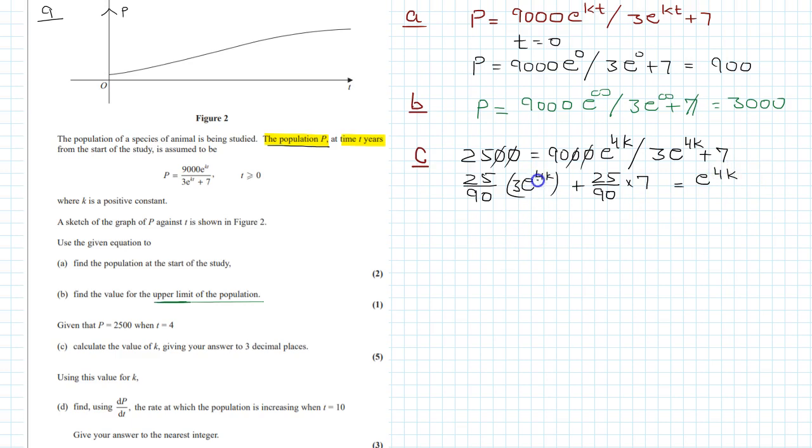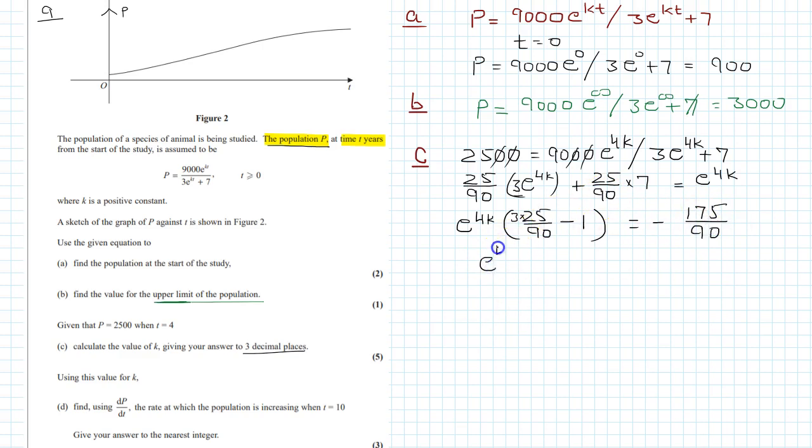We have to find the value of this. So let's bring this here and take it this side. So e to the power 4k common. So this is 3 into 25 over 90 minus 1 is equal to minus 175 over 90.